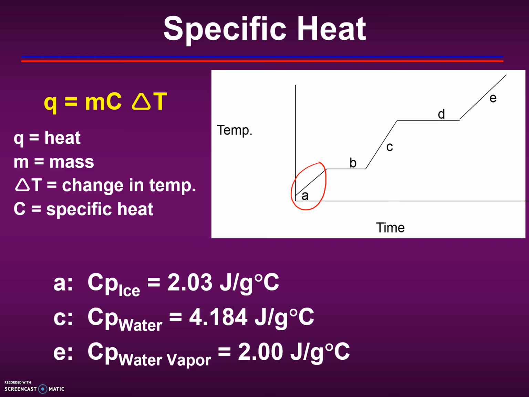And then the heat capacity of water vapor, it takes 2 joules of energy to make 1 gram of water vapor go up 1 degree Celsius. So A, C, and E: A is referring to if we have a problem in this range, that's the value we use. If we have a problem with water, that's the constant we use. And if we have a problem with steam, that's the constant that we're going to use.